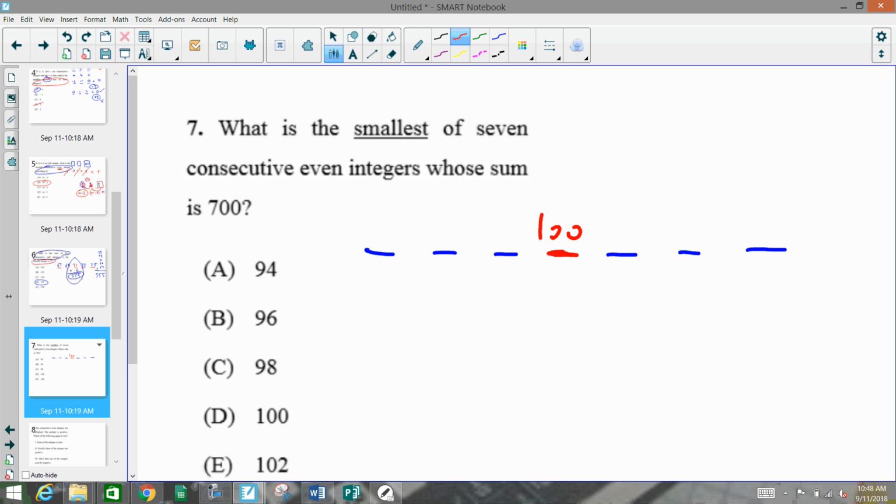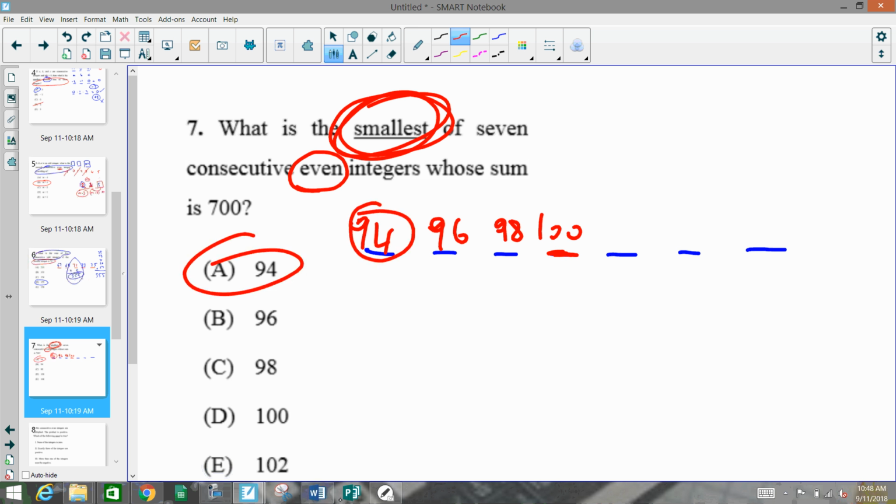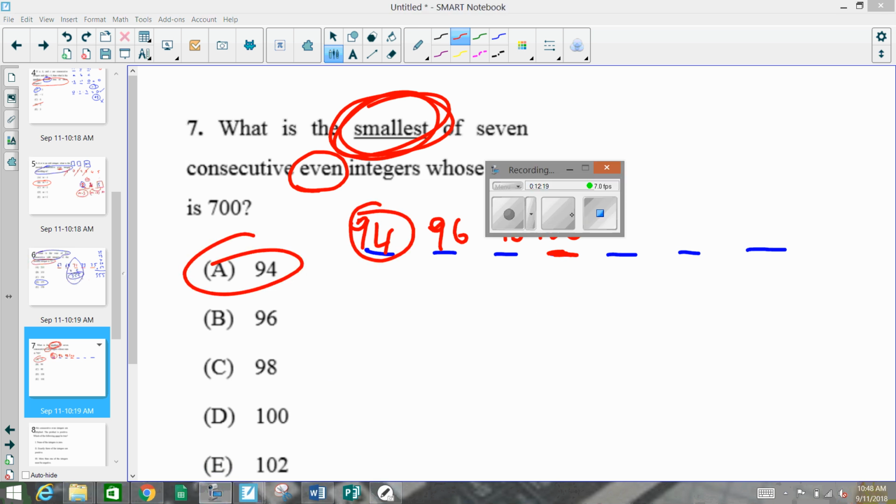And the smallest: first preceding is going to be 98, second preceding, and then third preceding. Easy though. Test techniques. Test taking.